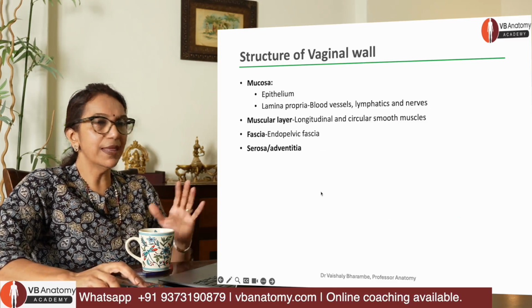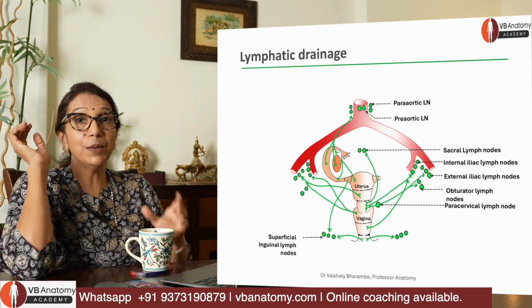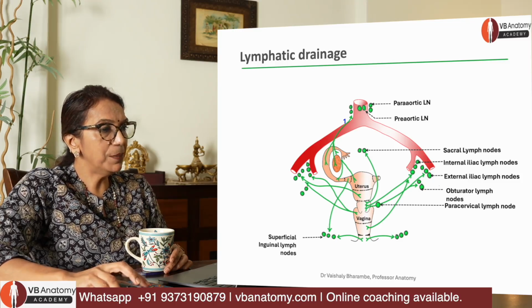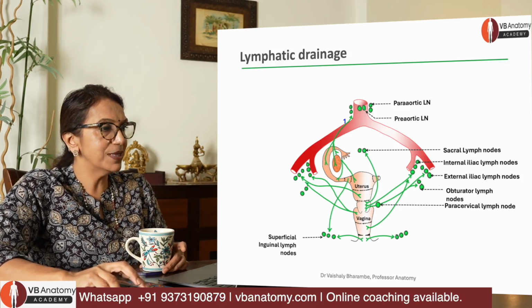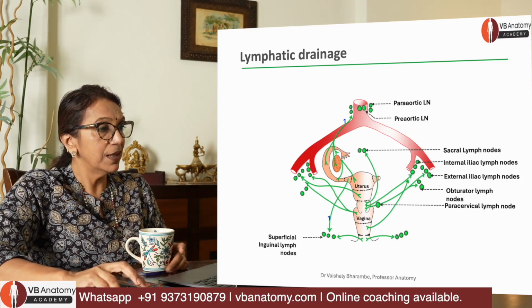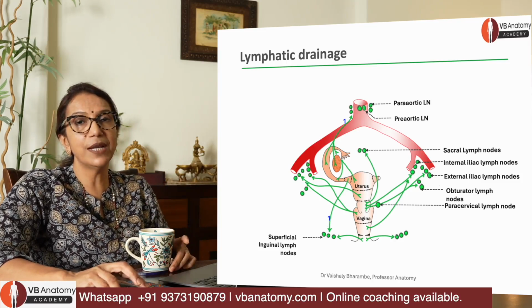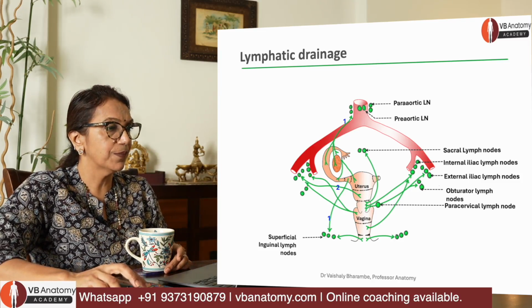About the structure, I think I leave it to you to read this. Let's now come to a little bit about lymphatic drainage. Okay, so the upper part of the uterus drains into pre-aortic and para-aortic lymph nodes. The angle of the uterus, however, drains into superficial inguinal lymph nodes along the round ligament of the uterus.